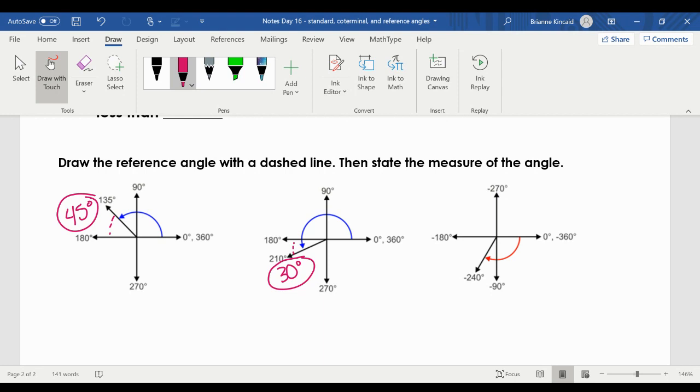This is drawn for negative 240, which should be negative 120. Negative 120 is closer to negative 180. So I draw up. We totally ignore the negatives. 120 is 60 degrees away from 180.